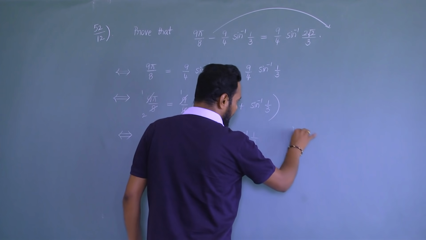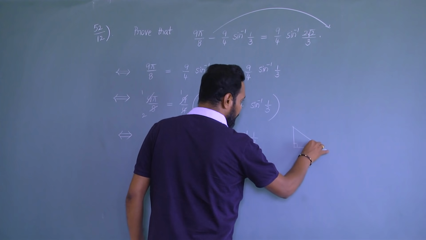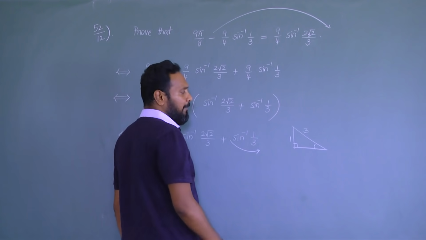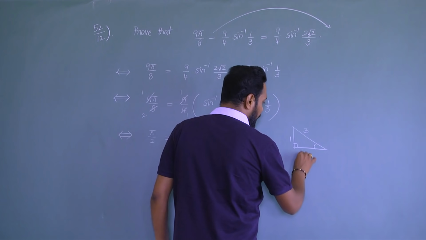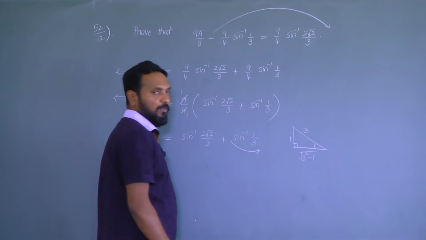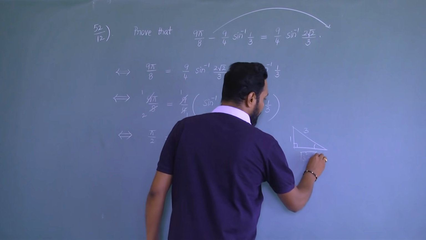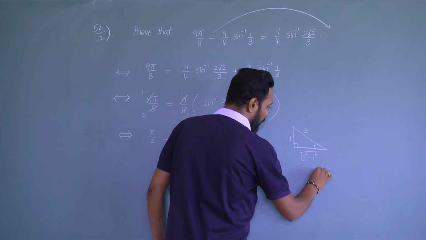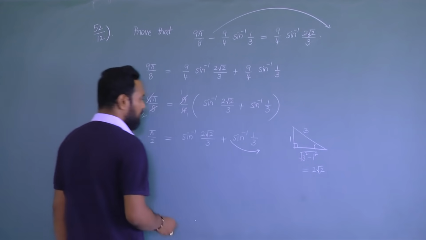If I use the right angle triangle concept, opposite side 1, hypotenuse 3, adjacent side will be root of 3 square minus 1 square. It is root 8. Root 8 simplification is 2 root 2.